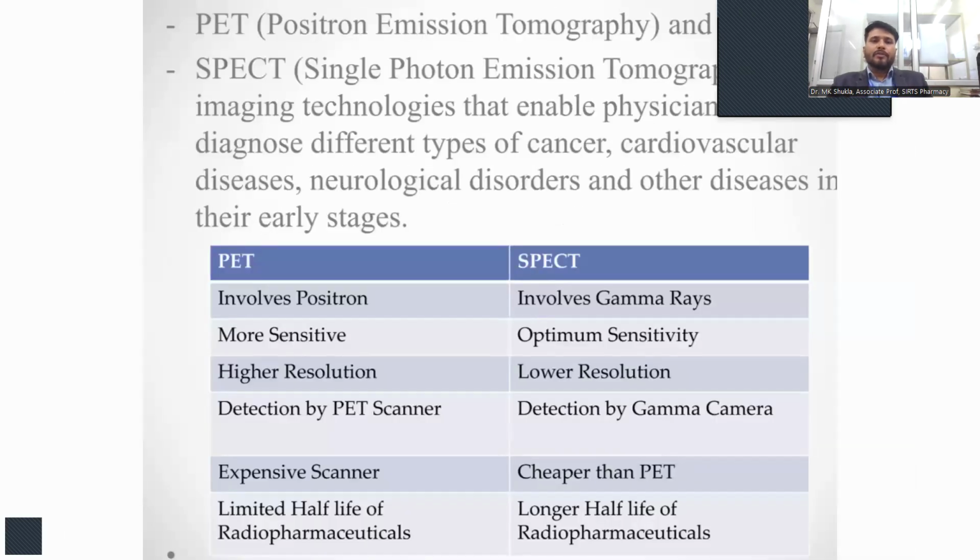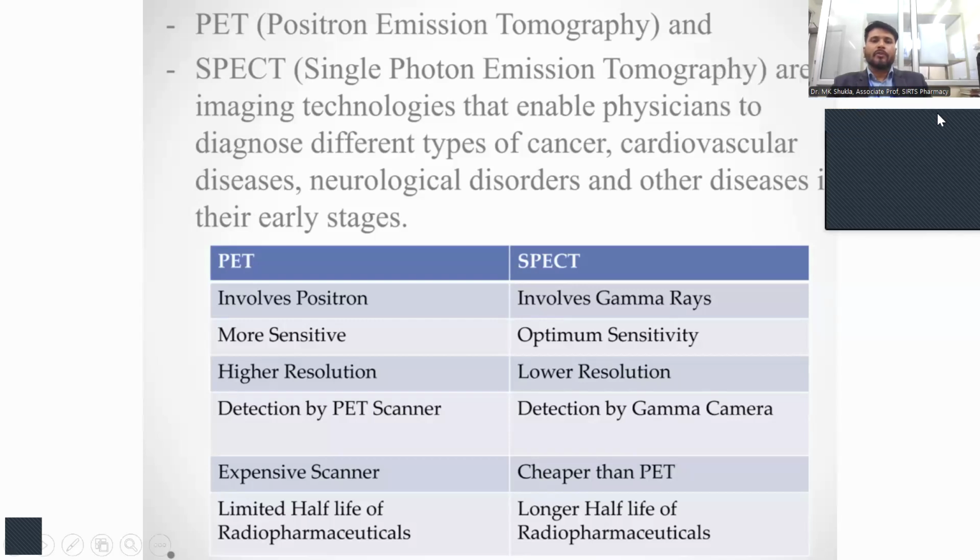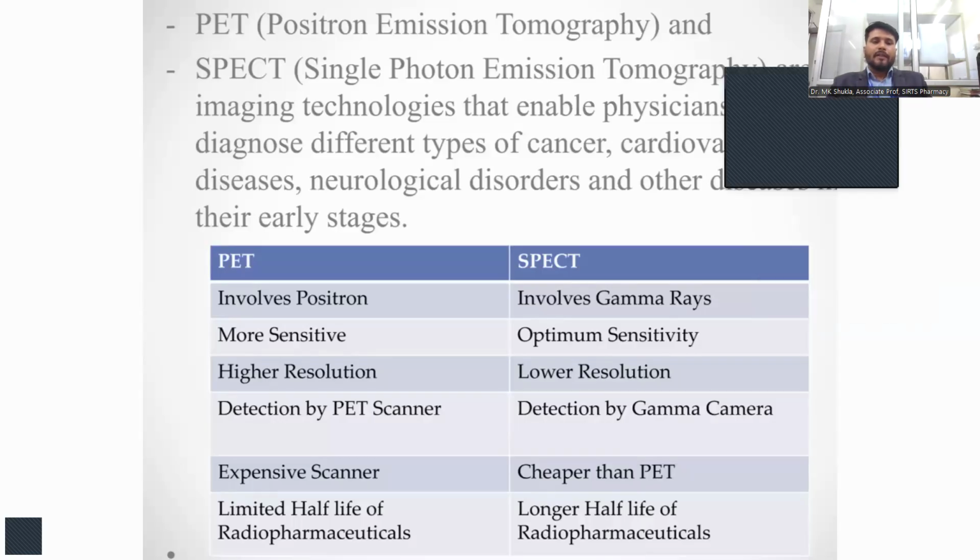PET is also used. What is PET? PET is positron emission tomography, and SPECT is single photon emission computed tomography. They are imaging technologies that enable physicians to diagnose different types of cancer, cardiovascular diseases, neurological disorders, and other diseases in their early stages. There are differences between PET and SPECT.